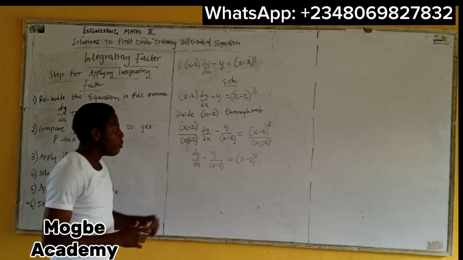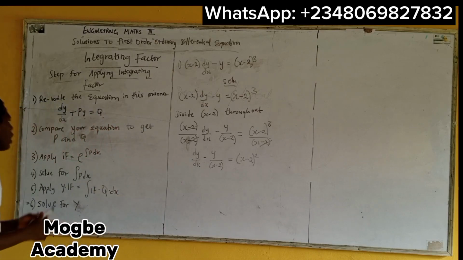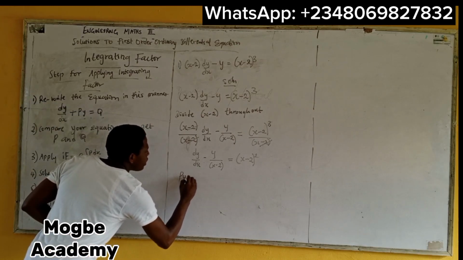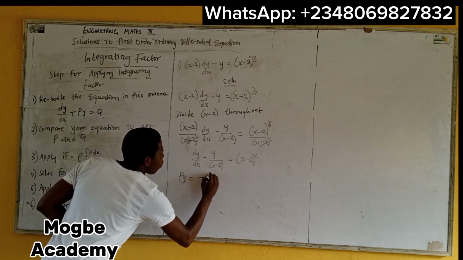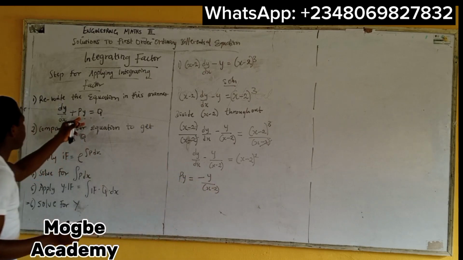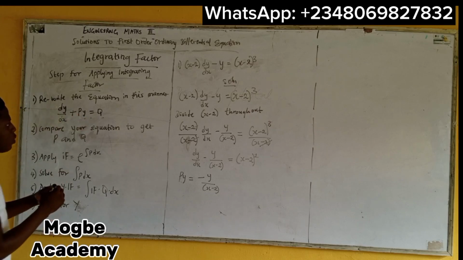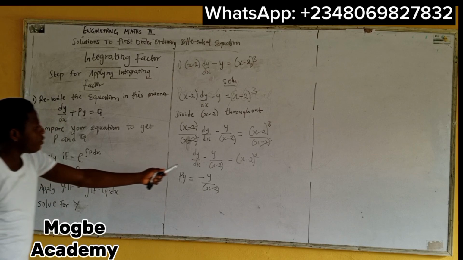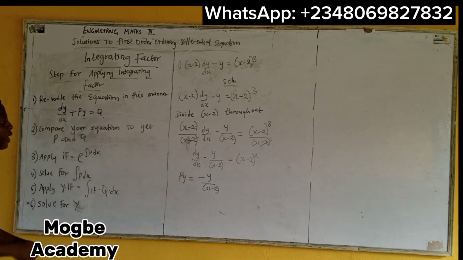So now, how do you compare? Comparing it with this equation here, we know that our p y is equal to minus y over x minus 2, because that's what we have here. So we are just comparing.